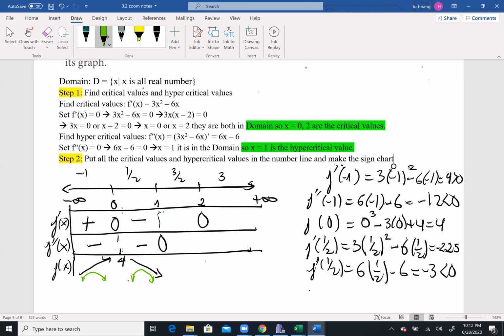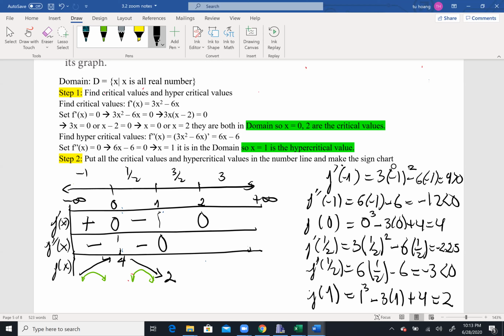Now we move to the next interval, but before that, at 1 we're going to have 1 cubed minus 3 times 1 plus 4. So that will be 1 minus 3 equals -2, plus 4 equals 2. So 2 here.